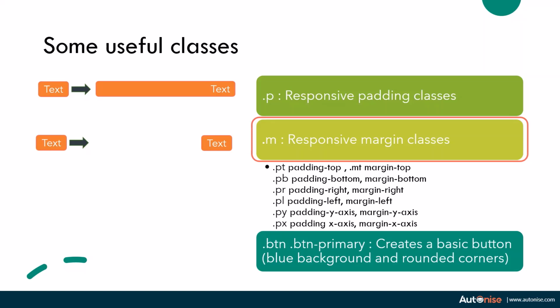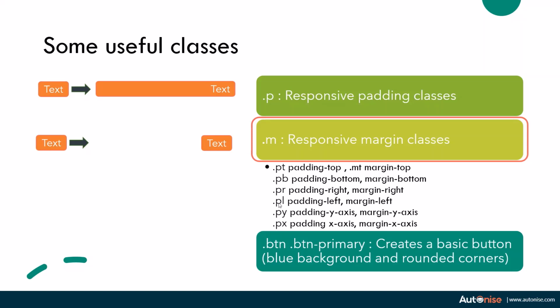There are many other classes. So to use the padding left, you use PL, which is written over here. It means that P stands for padding and L stands for left. Similarly, ML would stand for margin left.